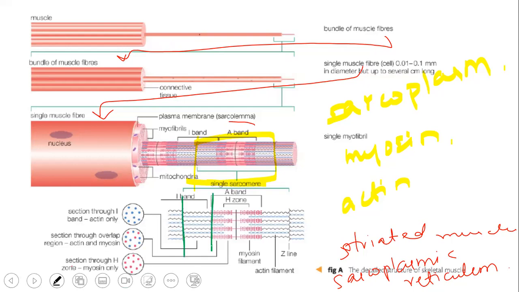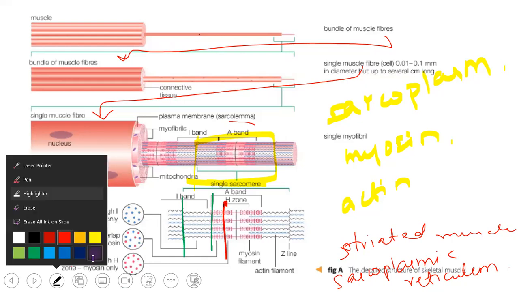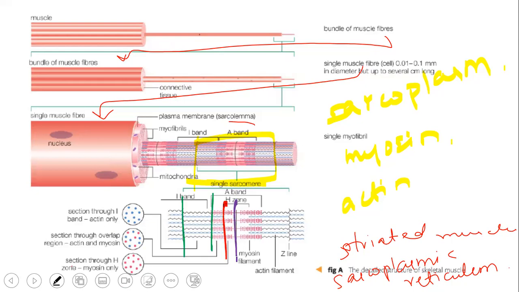Then I'm going to have an area where I will have both the actin as well as the myosin filament. That area is going to look darker. Then I will have the area where I will have only the myosin filament. That area will be in the middle.